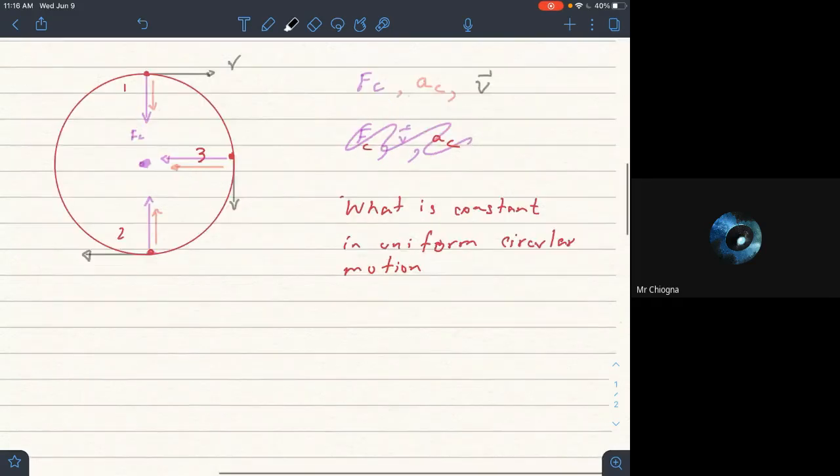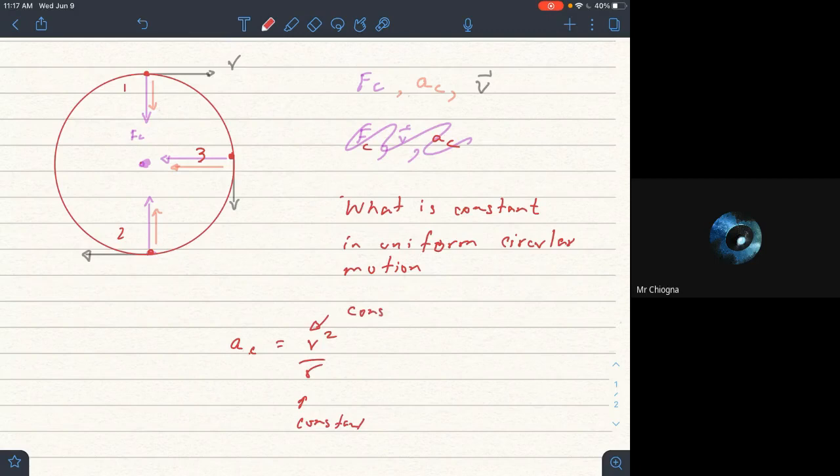So where does that follow from mathematically? If you're moving with a constant speed, AC is equal to V squared over R. R is constant. V is constant. That's what it means to be traveling with the uniform. When it says uniform circular motion, it means constant speed.